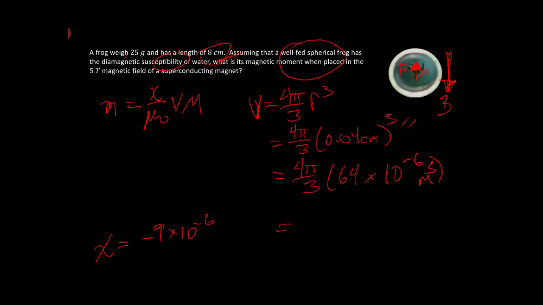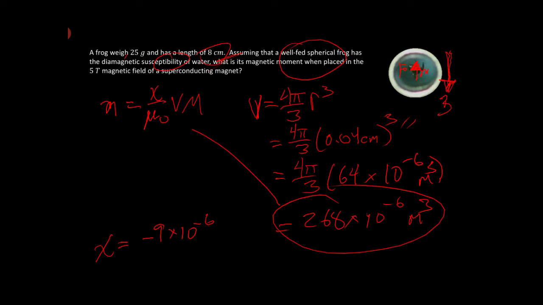Okay, then we have to use the calculator because 4 pi over 3 is a weird number. Let's see, 4 pi times 64 divided by 3 is 268 times 10 to the minus 6 meters cubed.